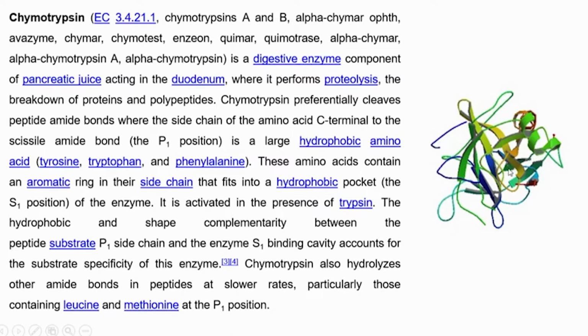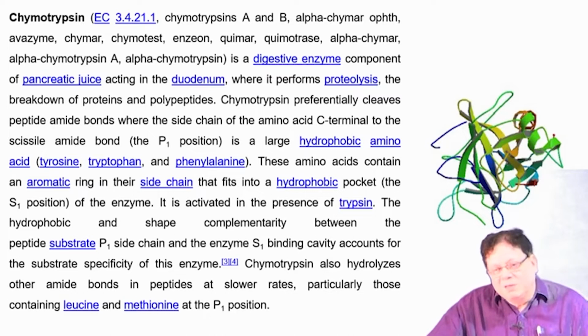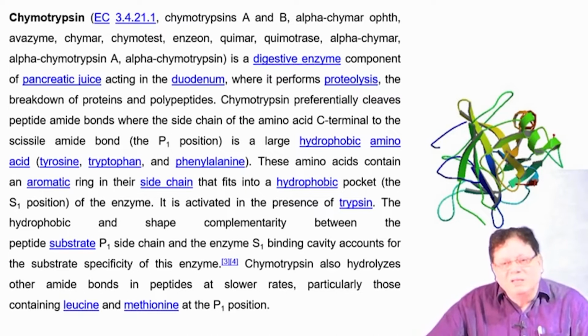So, the question is why they are recognizing certain amino acids and not the others. When we learn enzyme chemistry, we will see that the molecule goes inside, and there is a big hydrophobic pocket where the aromatic groups first bind through weak hydrophobic interactions, and then the hydrolysis or the reaction goes on.